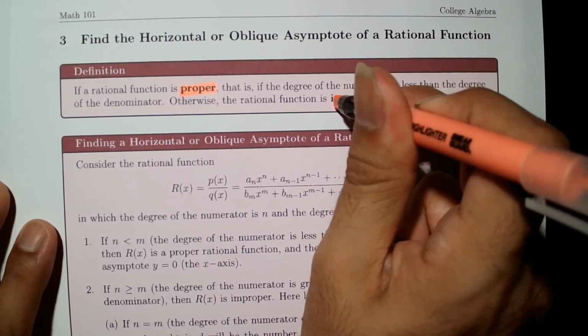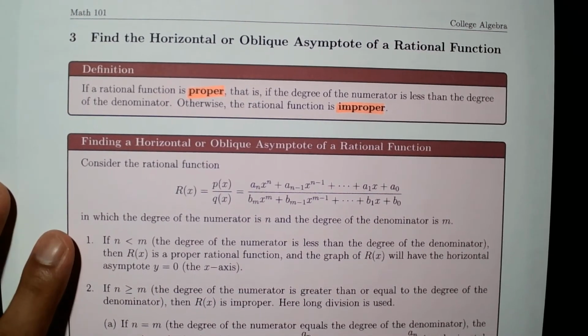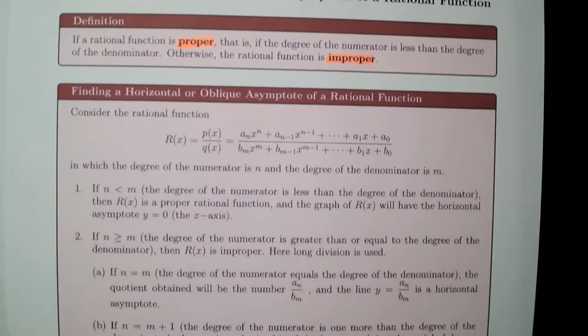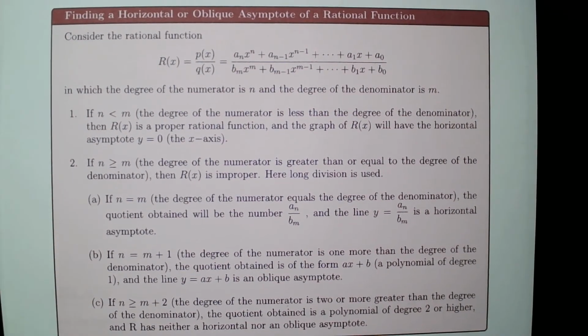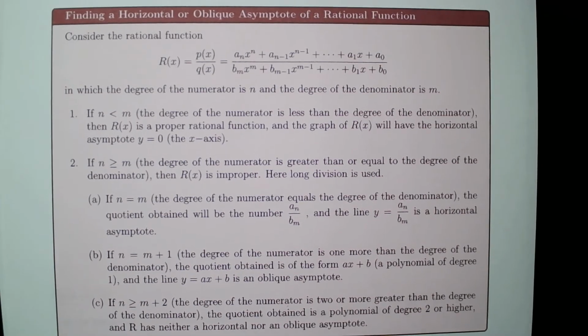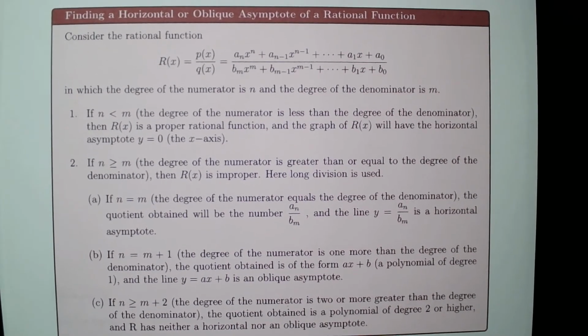Otherwise, the rational function is improper. And over here are all the different properties that we consider when it comes to finding all the possible horizontal or oblique asymptotes.